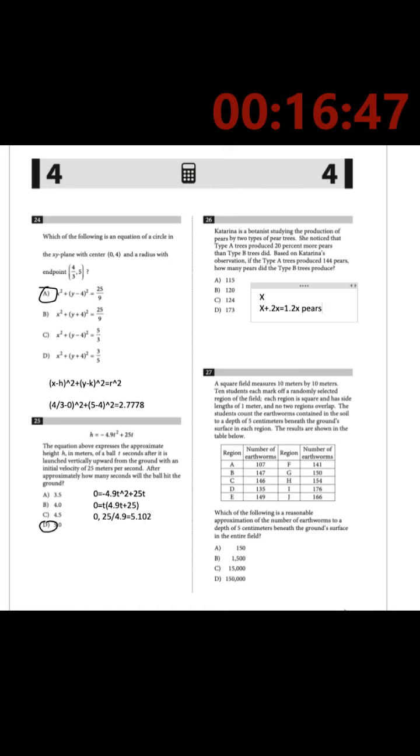And type A produces 144 pears. That means 1.2x equals 144, so x equals 144 over 1.2, which equals 120. So type B must have produced 120 pears.